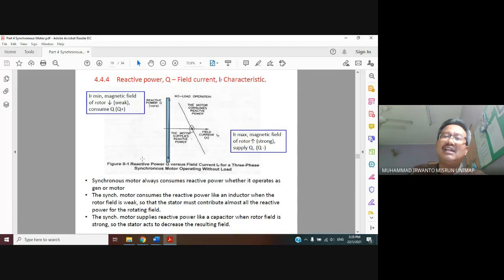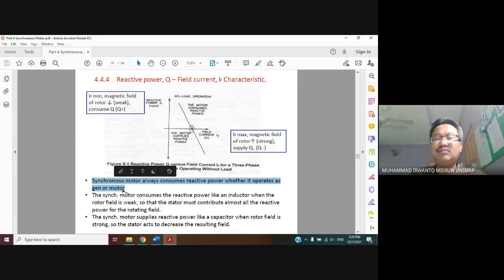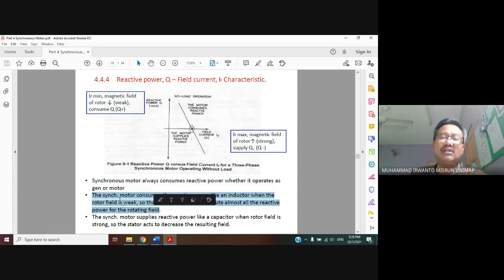In this part, look here. The synchronous motor always consumes reactive power, whether it operates as generator or motor. The same here for motor or generator. Now, consume and supply. The synchronous motor consumes reactive power like an inductor when the rotor field is weak, so the stator must contribute almost all the reactive power for the rotating field.